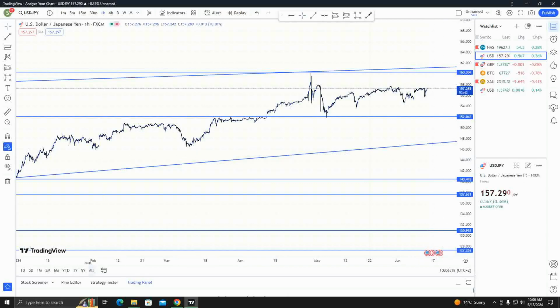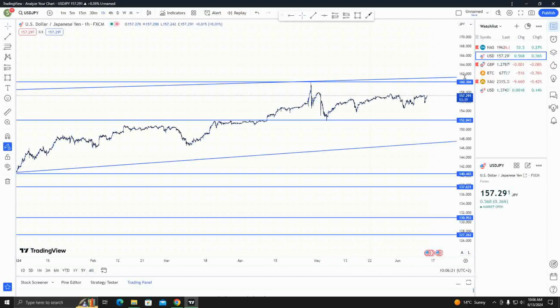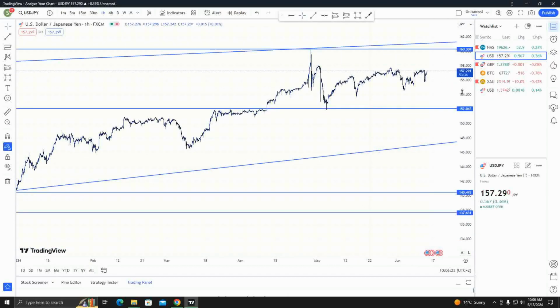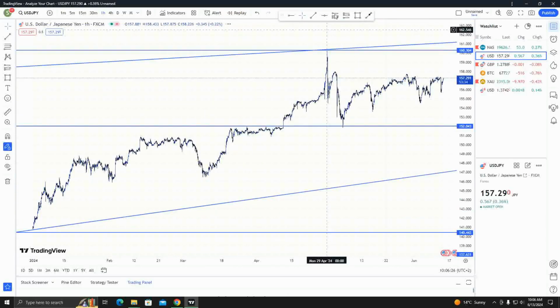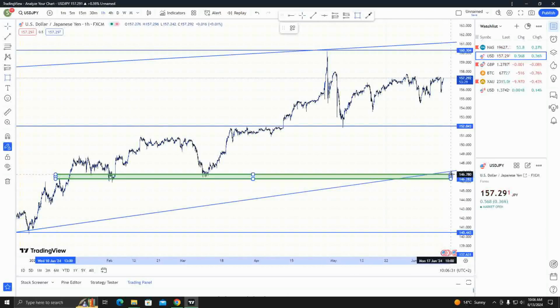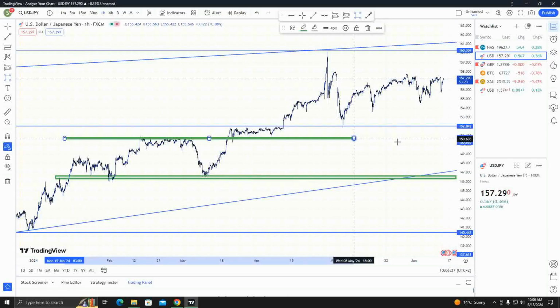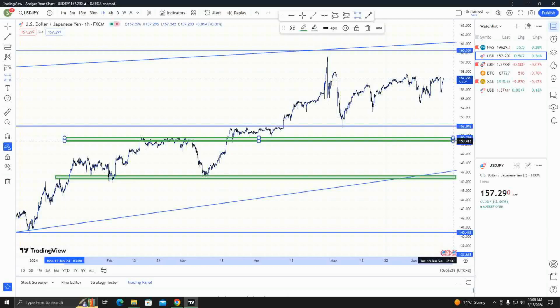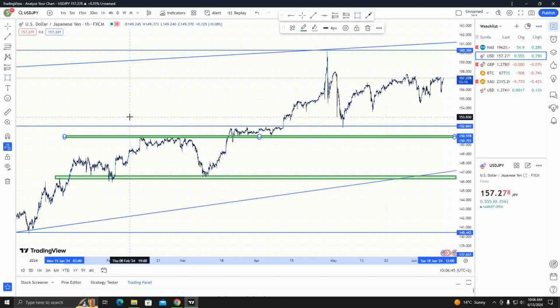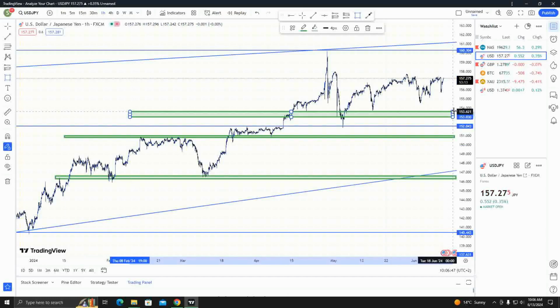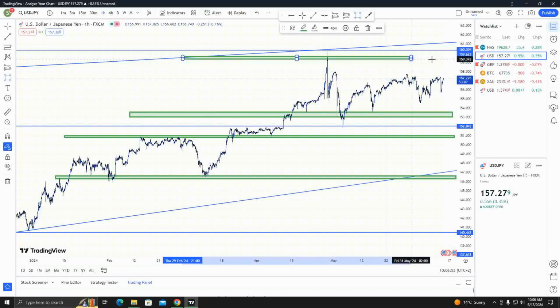As far as I'm concerned, what's happening here is I'll try to put the supply and demand here, and then here again I can spot something nice. And then I will just do this, and here again I will do this.